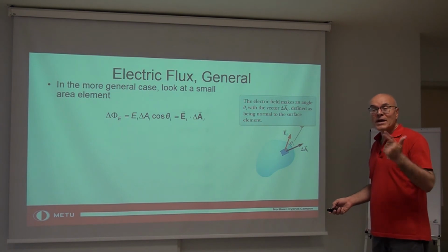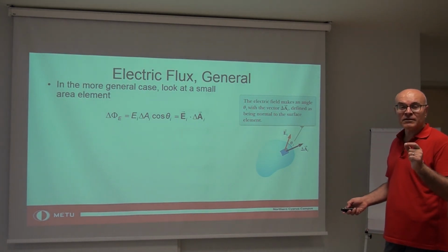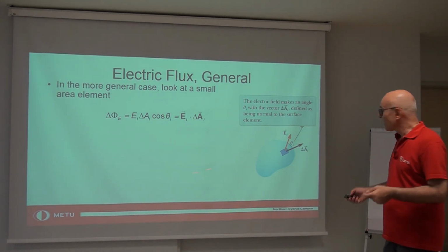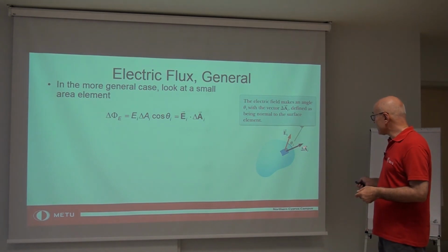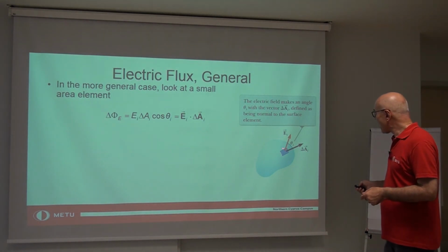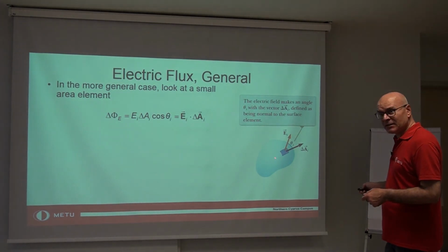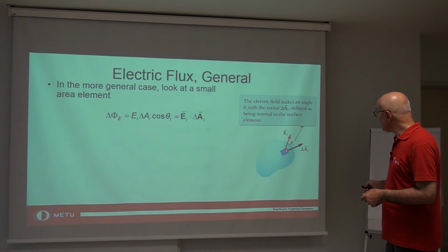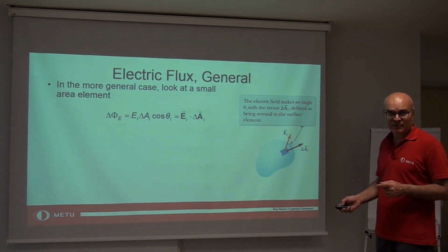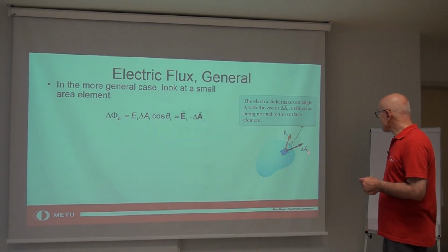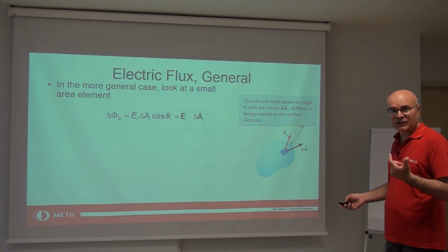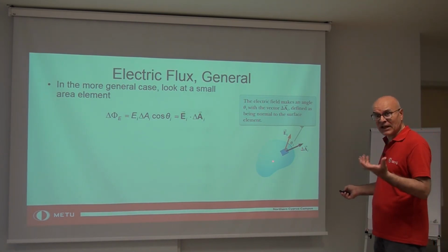Number two, you define a vector, which is the delta A_i vector, you can see here. This vector has a magnitude equal to this area element, but its direction is normal to this area element. So this is the delta A_i vector, or the area element vector.